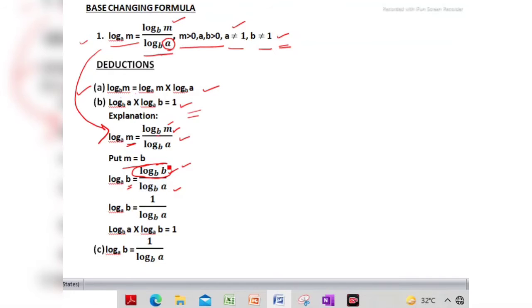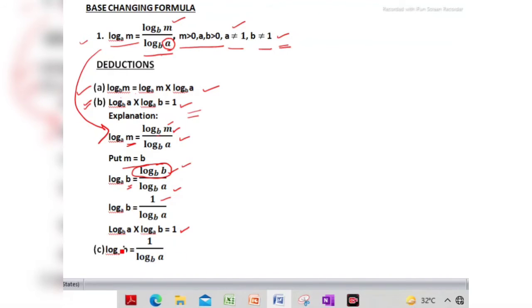So in place of the numerator it becomes 1, and hence when we cross multiply it, we get that log of a to the base b and log of b to the base a is equal to 1, which is our second deduction.